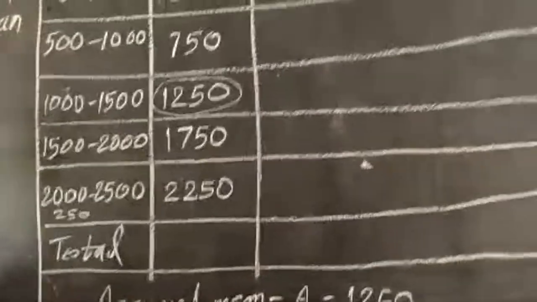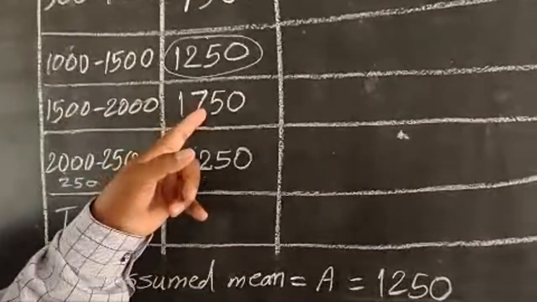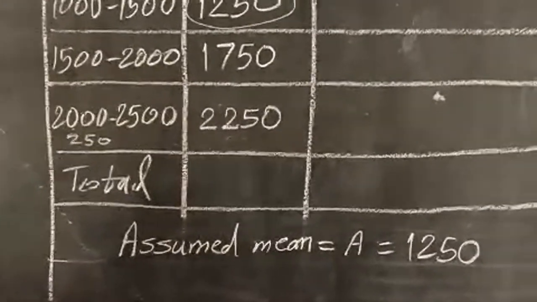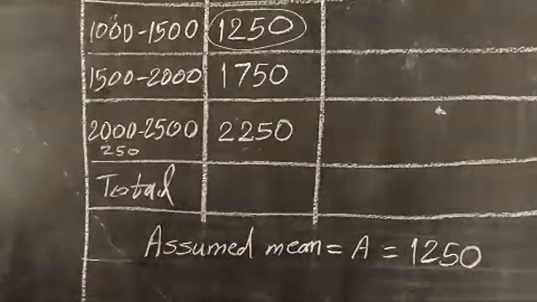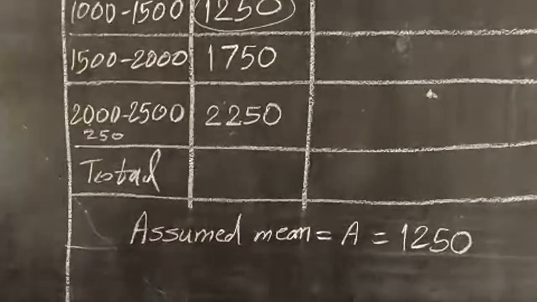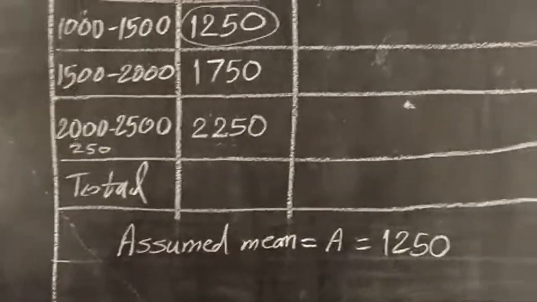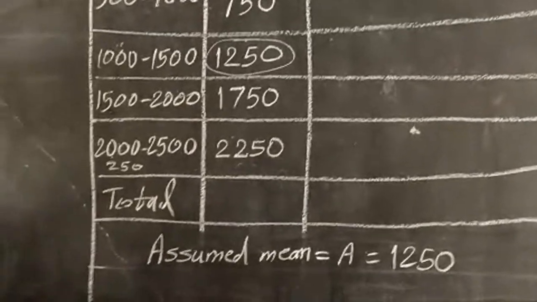Suppose one student takes 1750 as the assumed mean, then does that student get a wrong answer or correct answer? Correct answer.